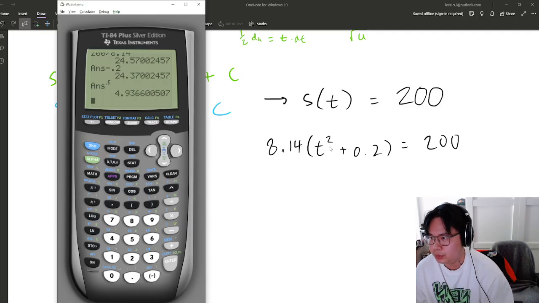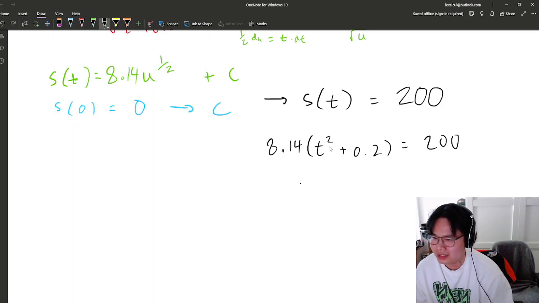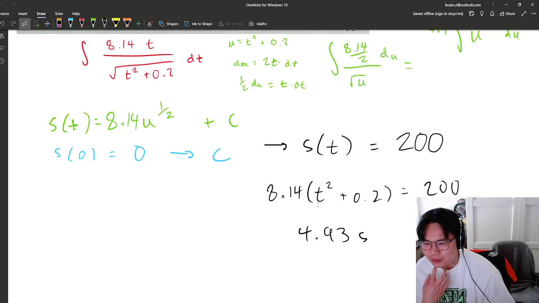So yeah, 4.93 seconds. Is that realistic? To run 200 meters in 4.93 seconds?